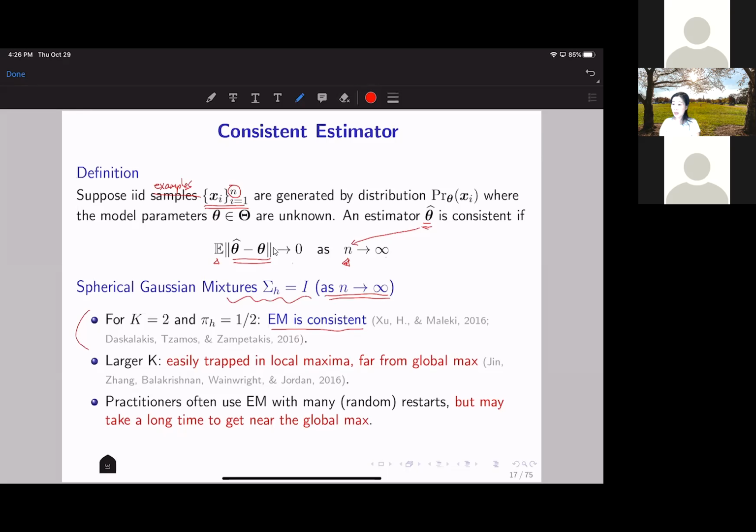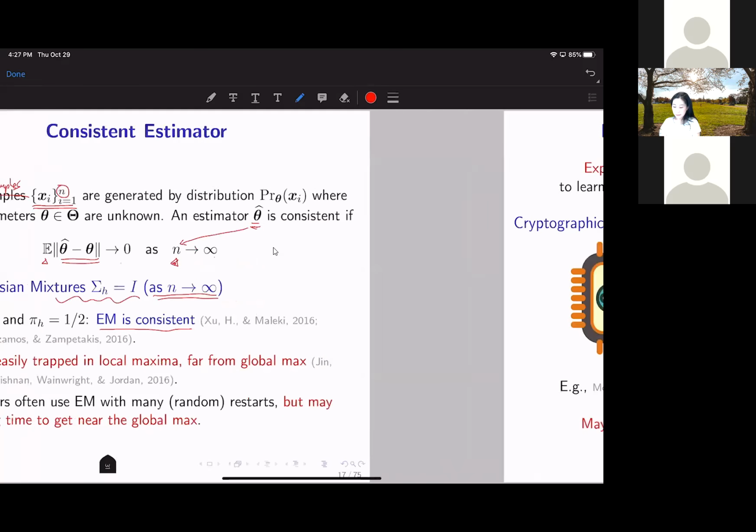Random restarts just means that whenever you start your EM algorithm, you choose a different random seed. So you end up having very different initializations, and then you could end up in different basins of attraction for these non-convex functions. Okay.